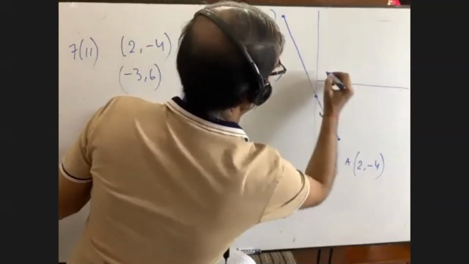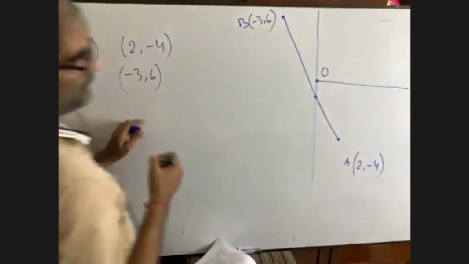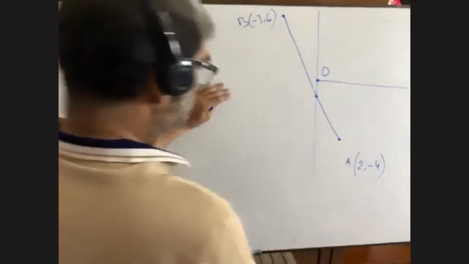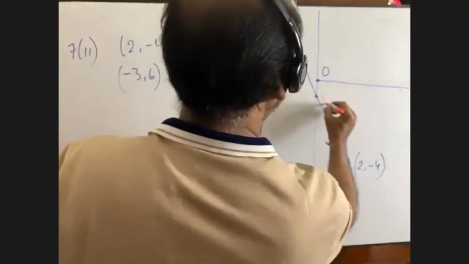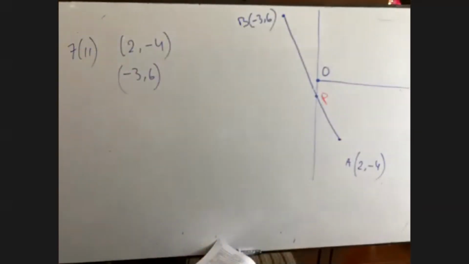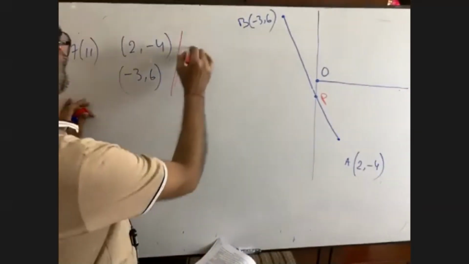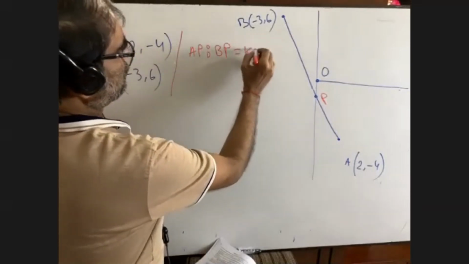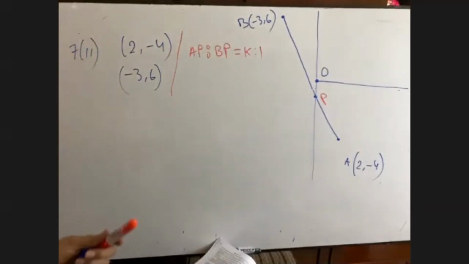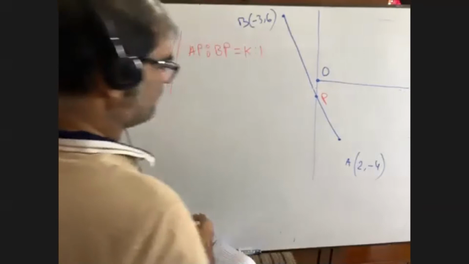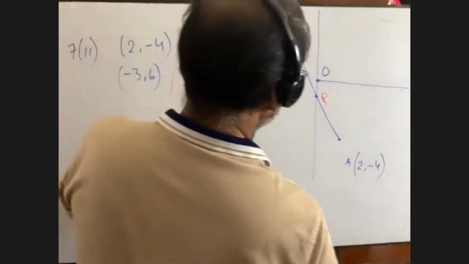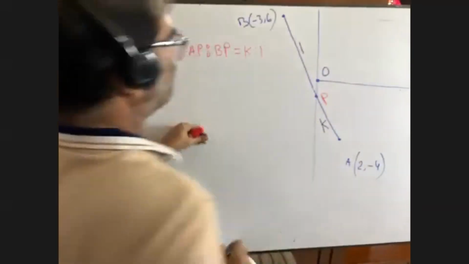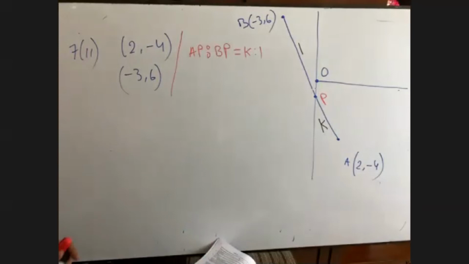This is O. Now, you think this is P, and AP is to BP is equal to k is to 1. Can you please find out the ratio? This is k and this is 1. Find P. Please find out.